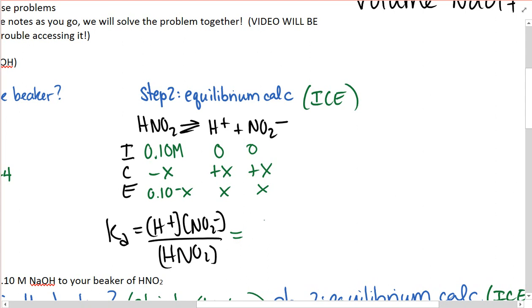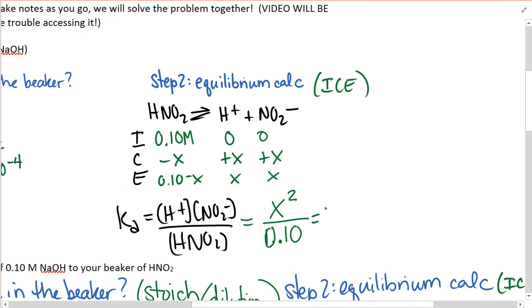So when I plug it into my K expression, I have X times X on the top, that's X squared, and then 0.1 minus X. I'm going to assume that since X is so small, 0.1 minus X is just going to be the same as 0.1. So here's my K expression, and I know the value of Ka, it's 4.5 times 10 to the negative 4. When I solve for X, that gives me my hydrogen ion concentration, which in this case is 0.0067 molar.